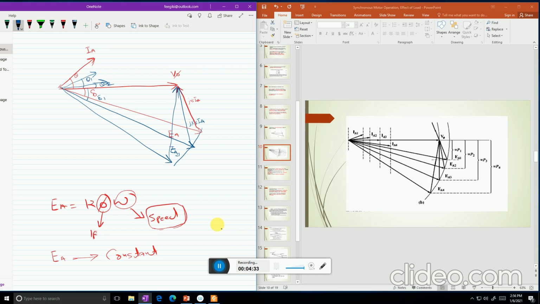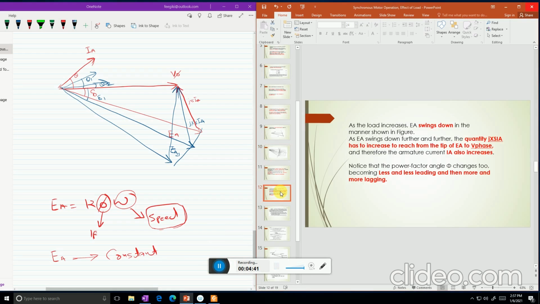So it is becoming less and less leading and more lagging. Notice that the power factor angle theta changes, becoming less and less leading and then more and more lagging. So this is the nature of the synchronous motor.